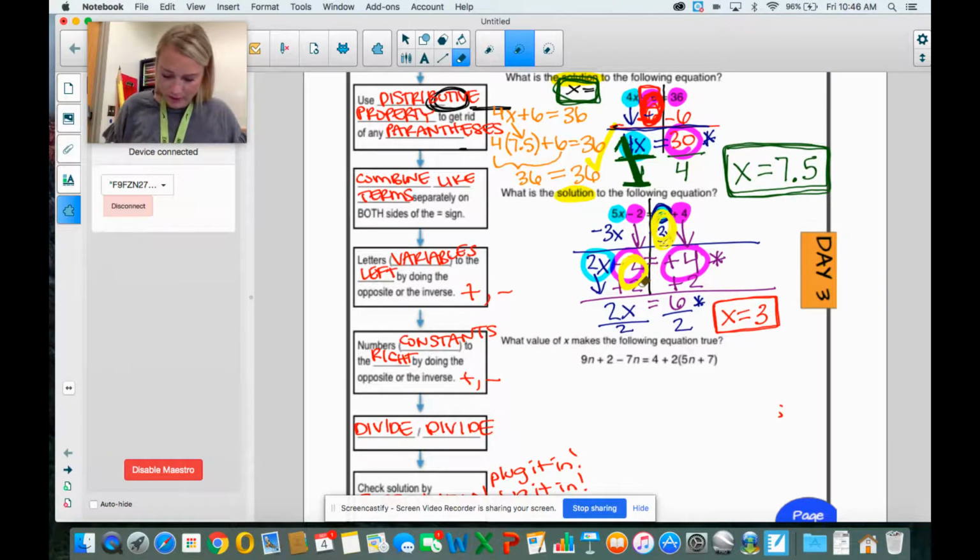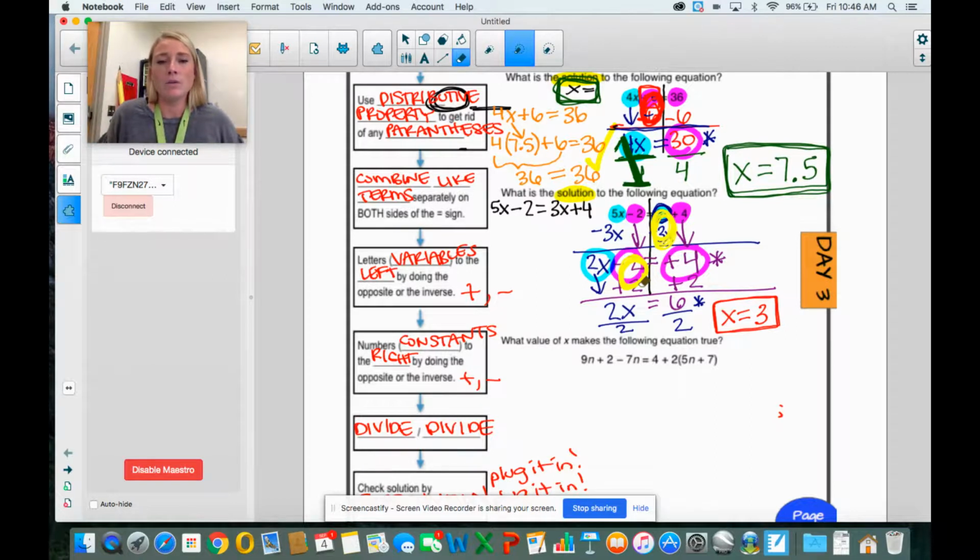I am going back to my original equation. A lot of people want to skip this step, but I promise you, check your work. It makes it really easy because you can do it on your graphing calculator, on your TIs.